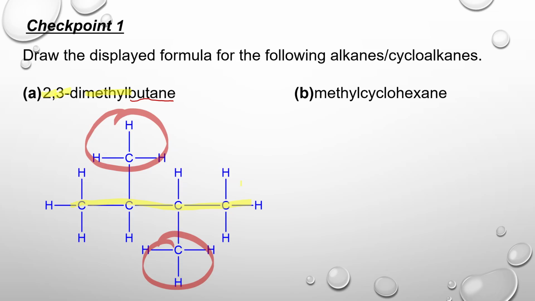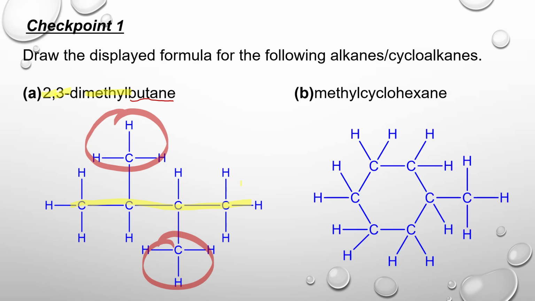Next, when I look at my methylcyclohexane, the structure that I need to draw first is actually my cyclohexane. So I will draw my cyclohexane first. So this is my cyclohexane.